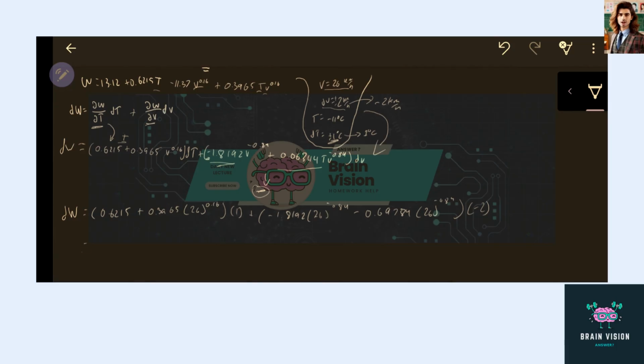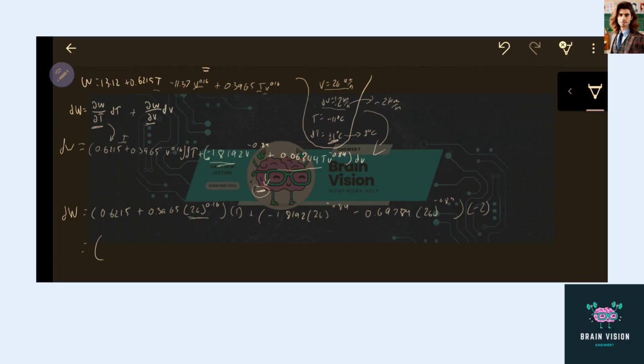Right, so once we get that, we can go ahead and start evaluating on the inside. 26 to the power 0.16 is going to be 1.684 or something like that.